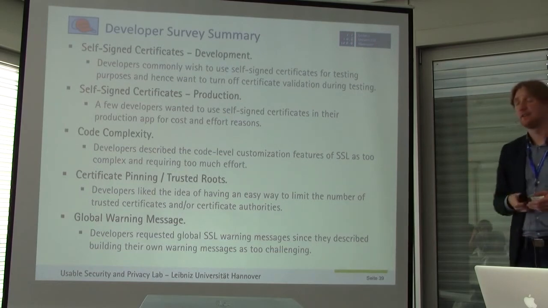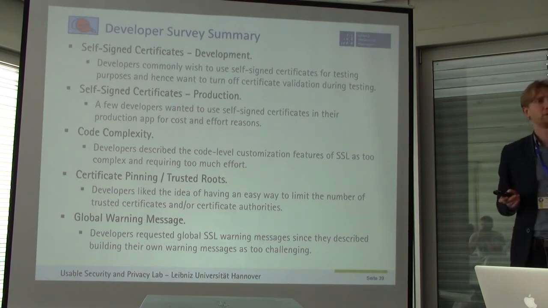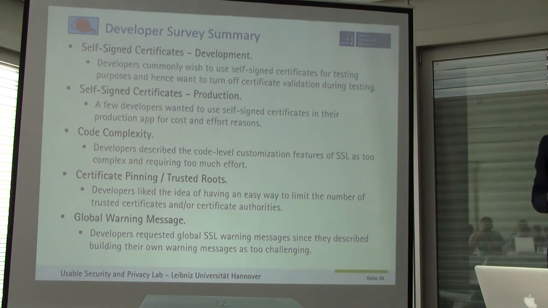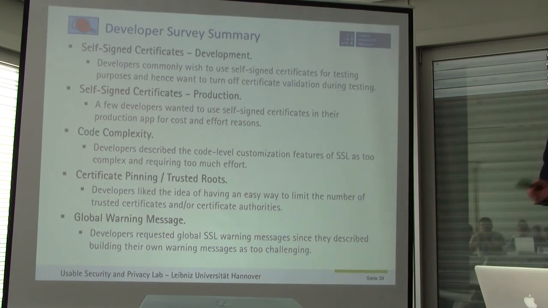There are also some cases where there is an argument to be made to use self-signed certificates even in production environments. Not that many, but there are. And unless we can re-educate all developers worldwide that they are never allowed to do that, we should be thinking about ways that we can enable that kind of use case without endangering all the rest of the ecosystem.